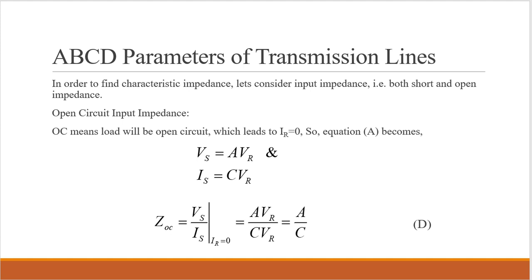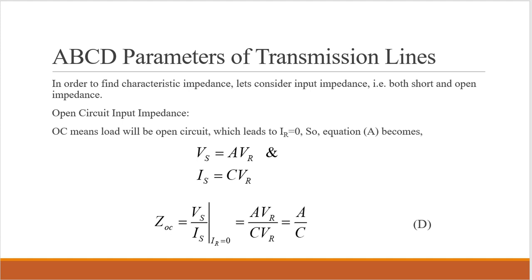As a result we will get Z open circuit equal to Vs divided by Is, with IR equal to 0, and this gives AVR divided by CVR. VR and VR get cancelled, therefore we will get A divided by C as the open circuit impedance.